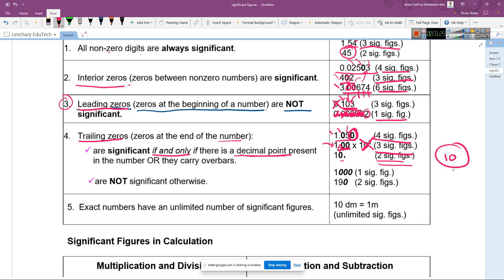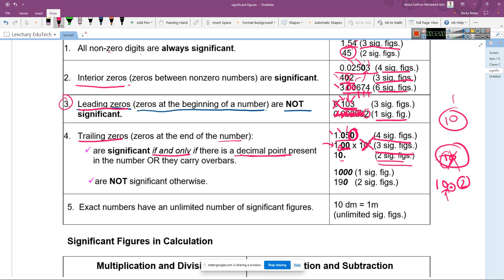This is a whole number, so we will not count the trailing zeros as significant figures. We will not consider this 0, so the only significant figure is this one. In 10 we have only 1 significant figure, but in 10.0 we have 2, because the decimal point is present, so we count this trailing 0 as significant.